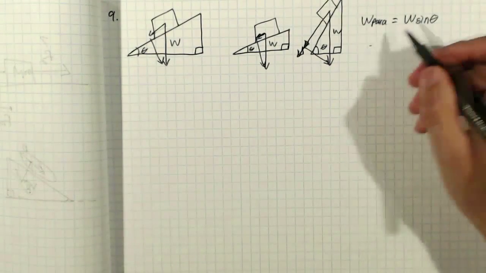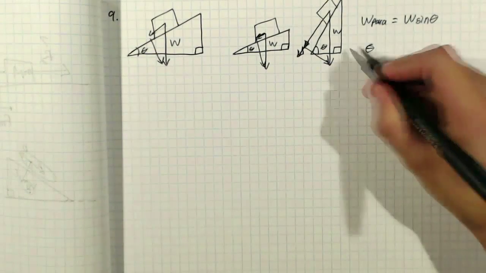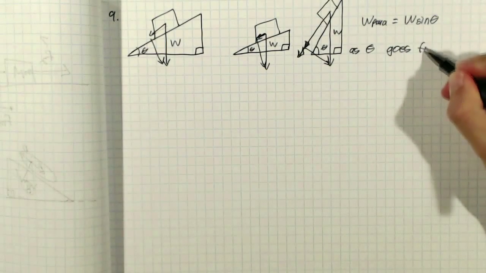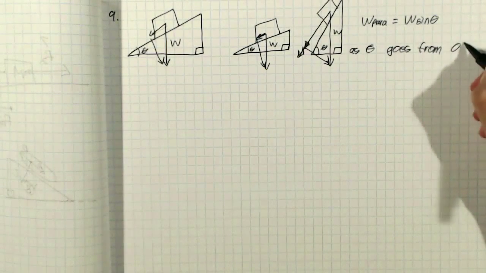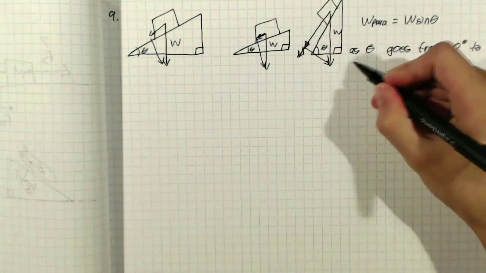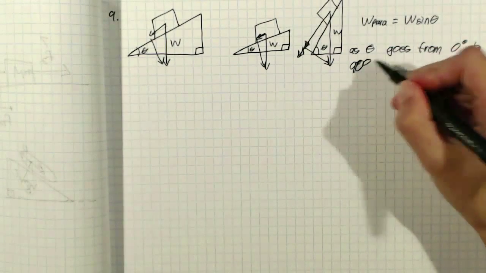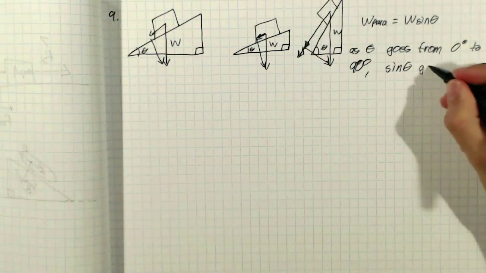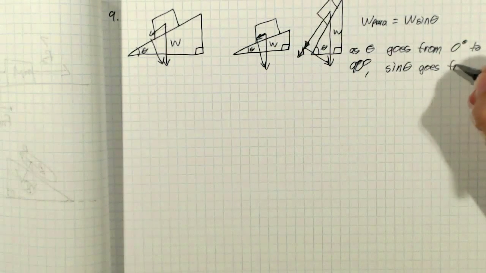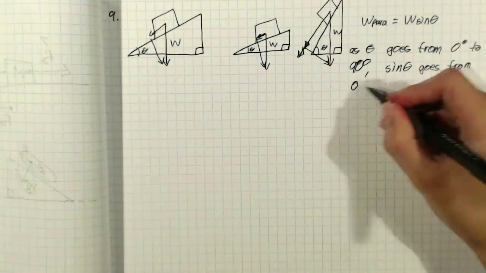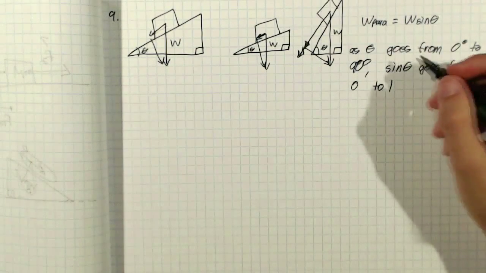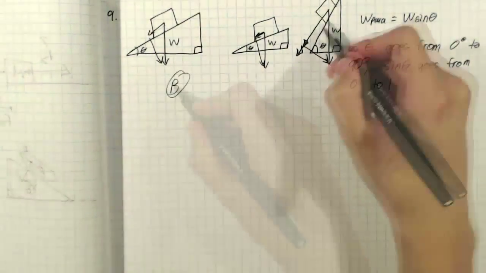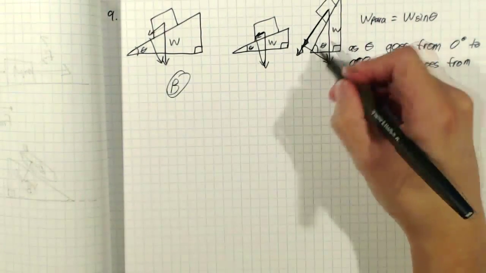So as theta goes from 0 degrees to 90 degrees, sine of theta goes from 0 to 1. So that is going to give us B. This is going to increase as theta increases.